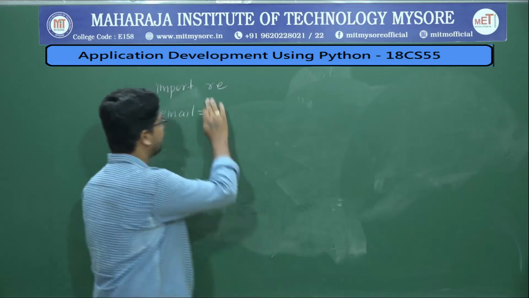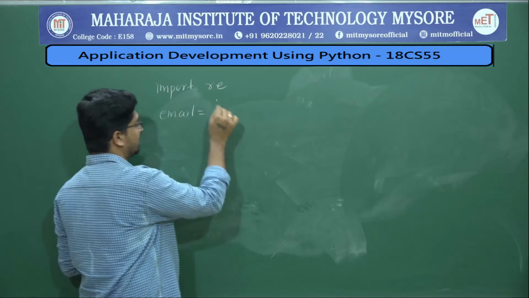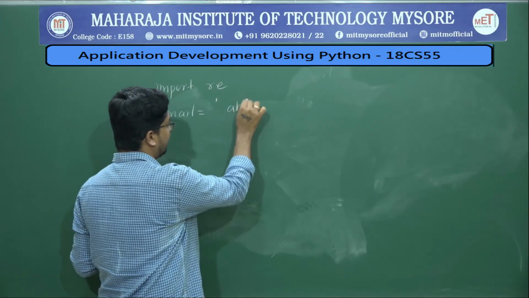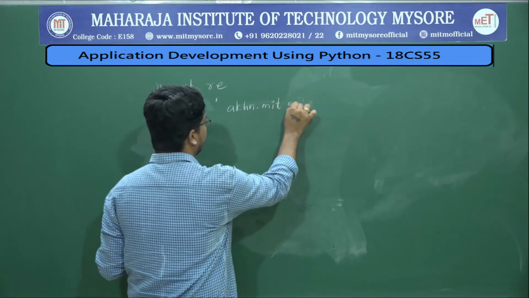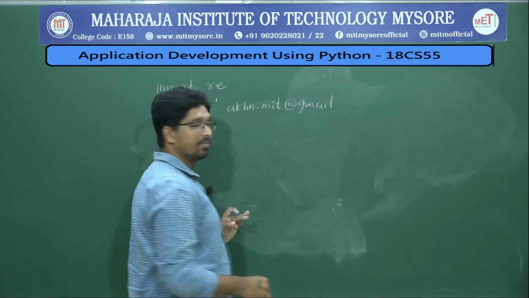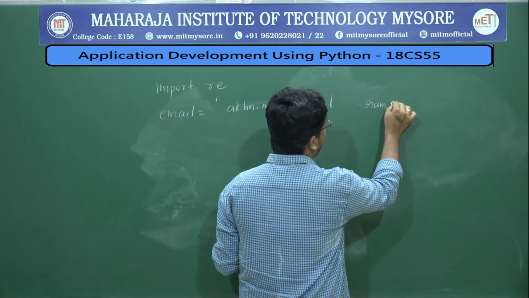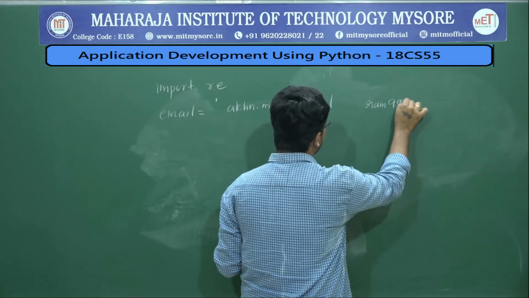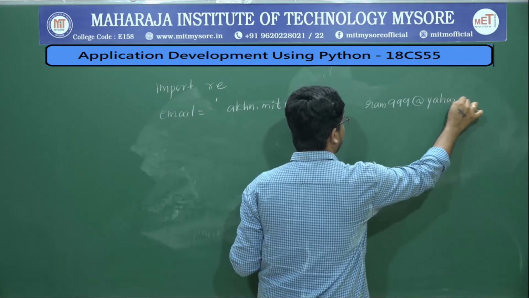Let us consider a program. Again, I am importing re. Then I am considering emails. Let us consider my email akhn.mit@gmail, this is the one mail I am considering. I will give a space. Let us say Ram999@yahoo.in.